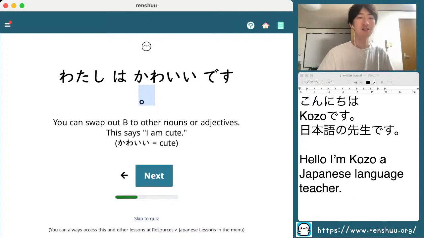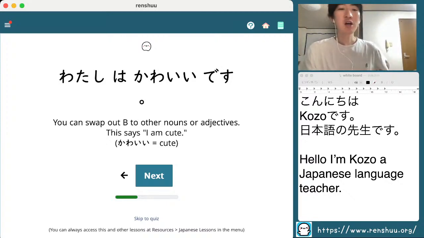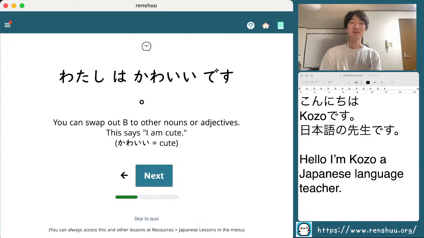There is the maru, the circle, and the second line. So you can swap out the noun for other nouns or adjectives. This says I am cute. Kawaii is cute. I think recently kawaii is a really popular, common word in any language, and sometimes people use kawaii with a wider range of meaning.